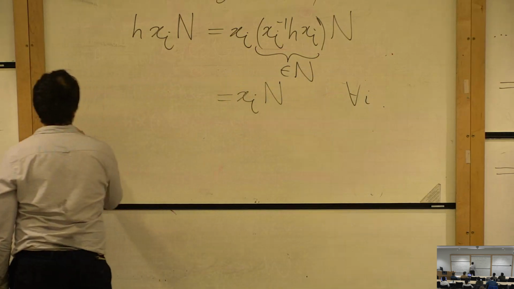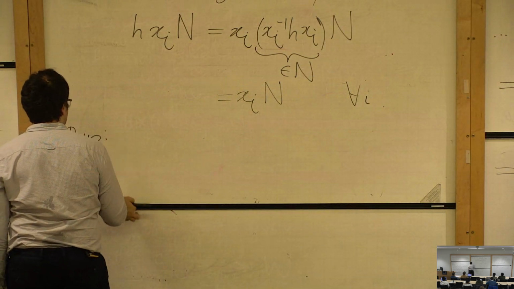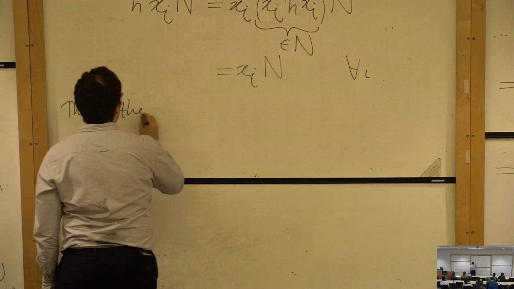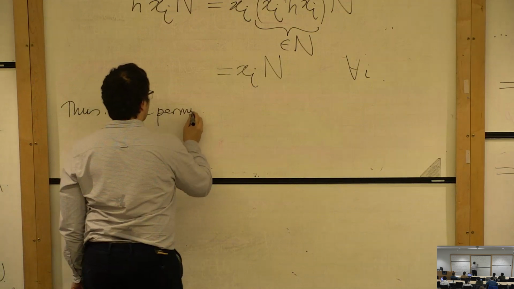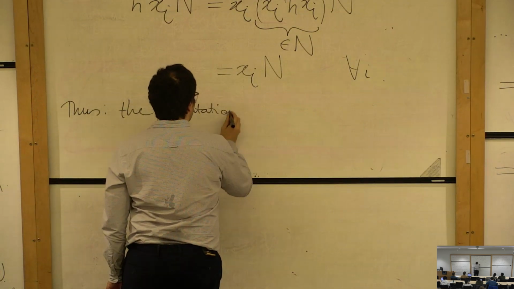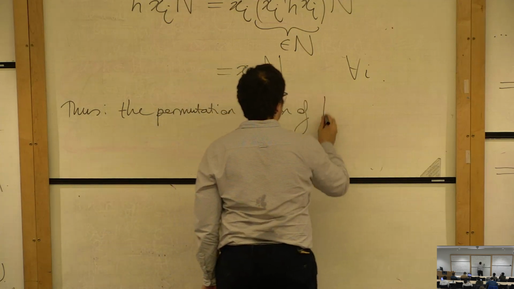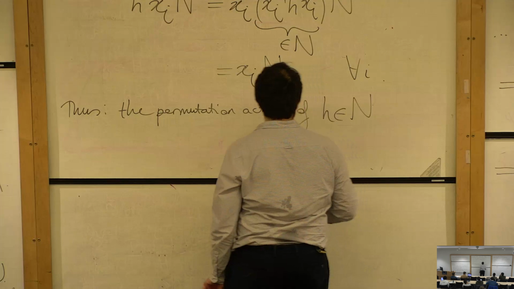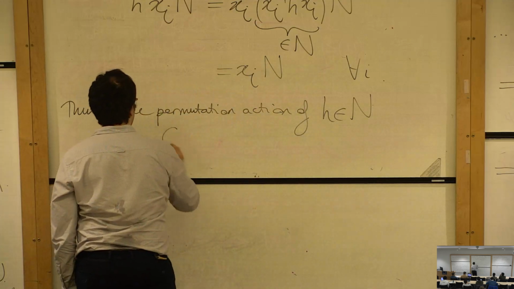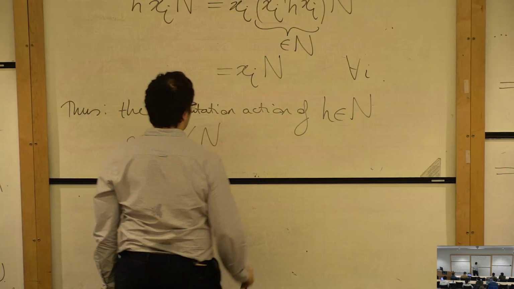So that means that's permutation. h in N on the cosets. Then g.